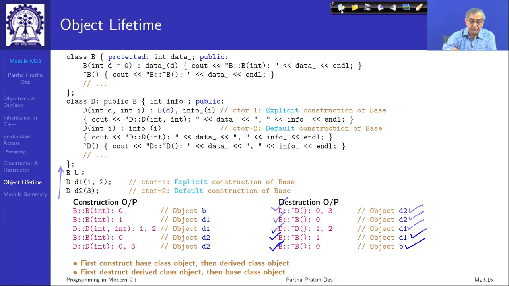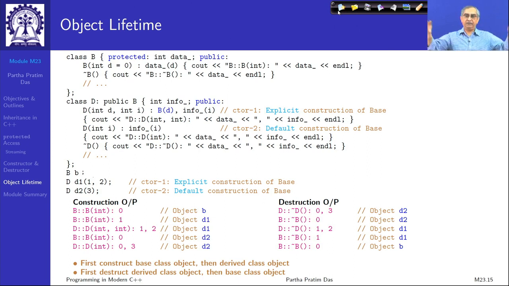And I have purposefully taken a very simple example. Whenever there is a key idea to retain or to use several times in your programming, in your assignments, examination, I try to put a key small example which captures the entire thing in one slide. So that you can just refer to this slide and you have the entire answer to the object lifetime under construction and destruction of base class, derived class object.